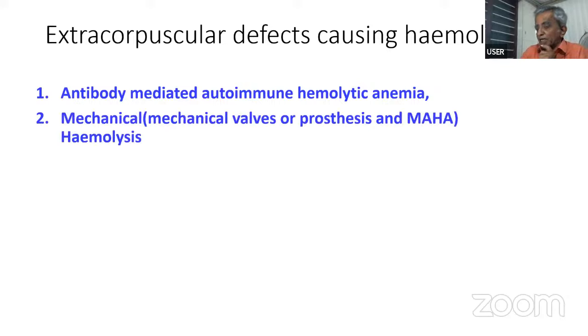Then you have mechanical hemolysis, which I have just mentioned, mechanical valves or some graft or some abnormality inside the vascular tree, small vessels, capillaries, which we will come to later. The RBCs strike the surface, which is uneven and hard, and therefore it produces hemolysis. So mechanical hemolysis is otherwise called fragmentation hemolysis.